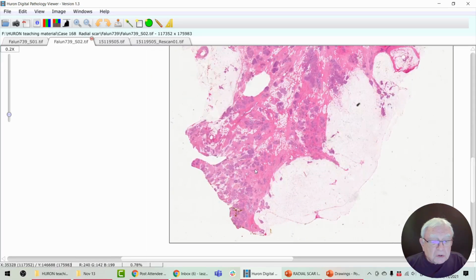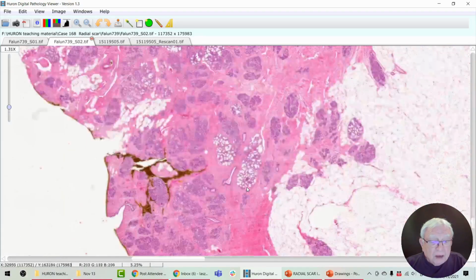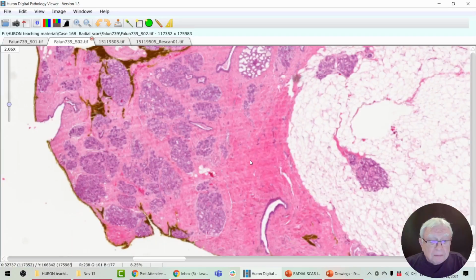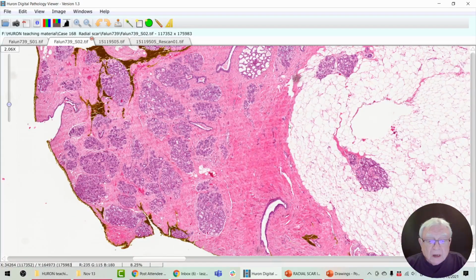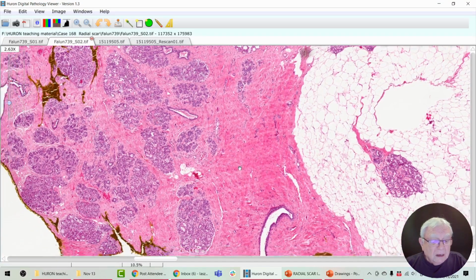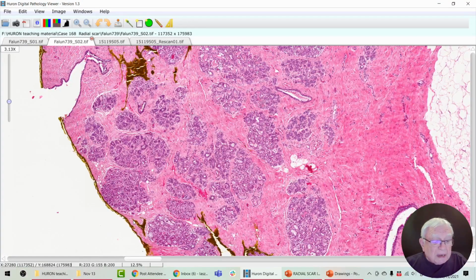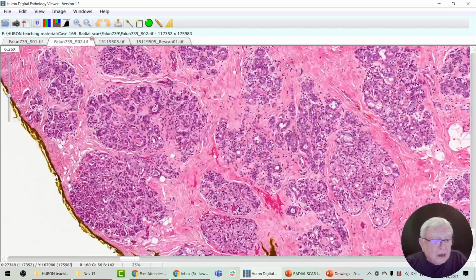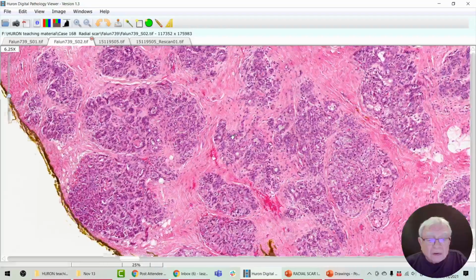So we are going to start down here. Anything that is red is fibrosis. Anything that is white, that's fat. This would be adenosis, and this would be a normal TDLU. More fingers, probably not adenosis yet, but do you understand? Many more acini, and the size is increasing.